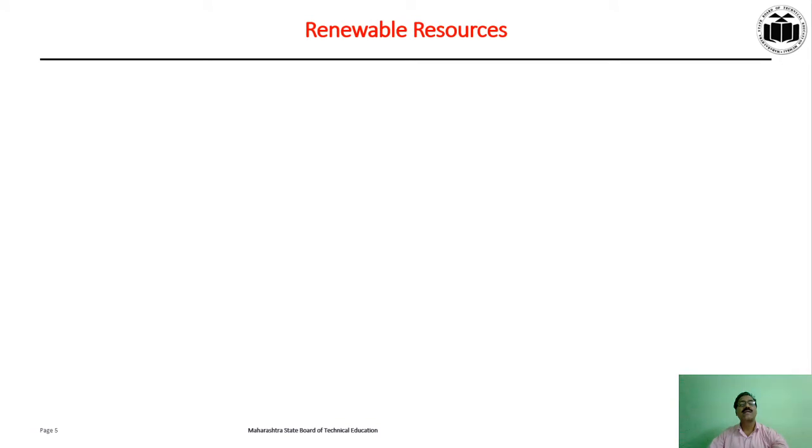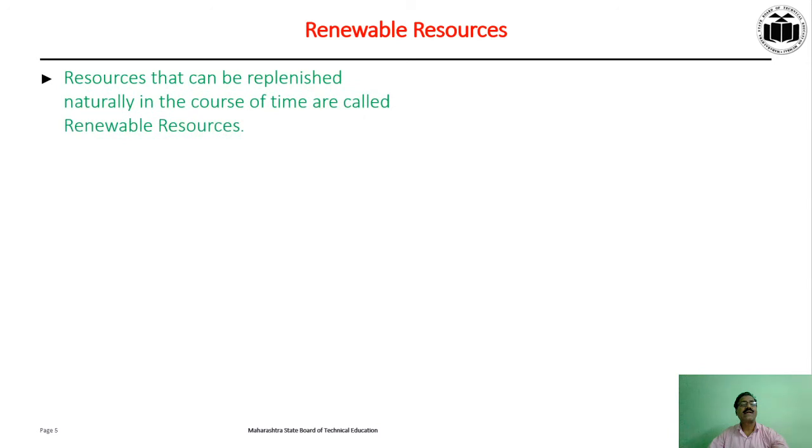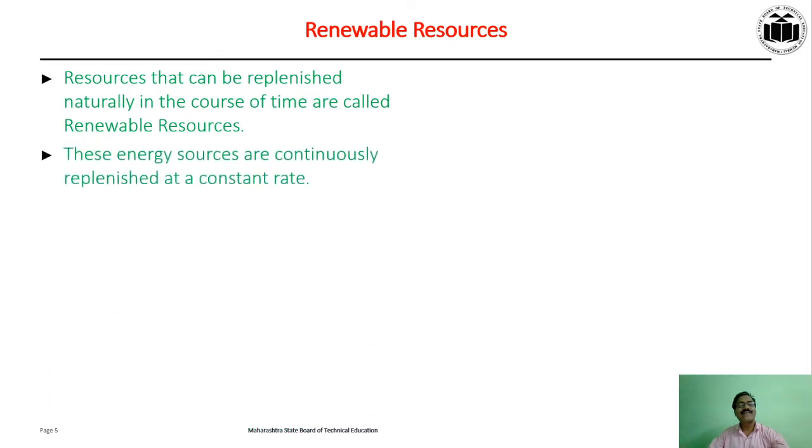Now we will discuss renewable resources in detail. Resources that can be replenished naturally in the course of time are called renewable resources. These energy resources are continuously replenished at a constant rate.